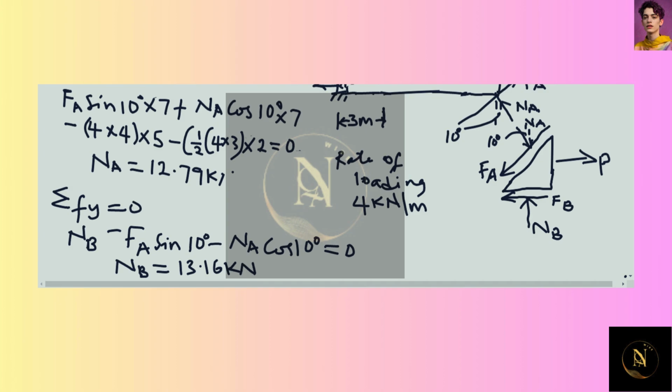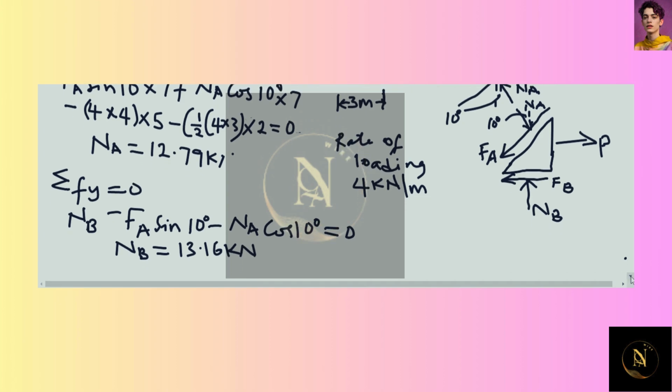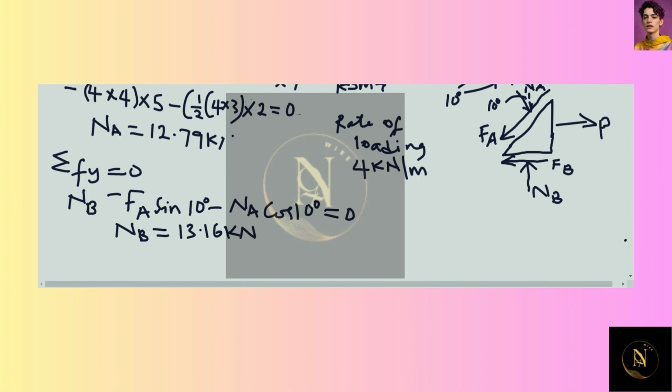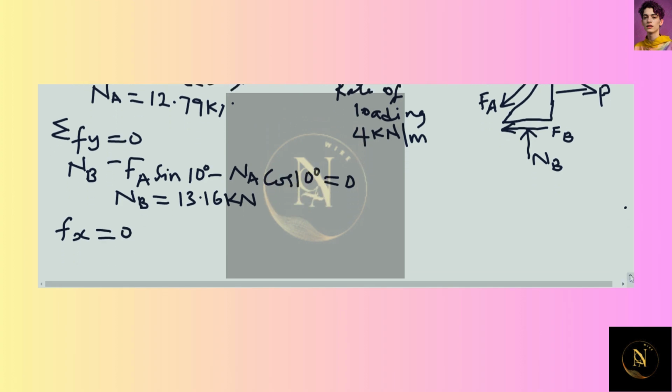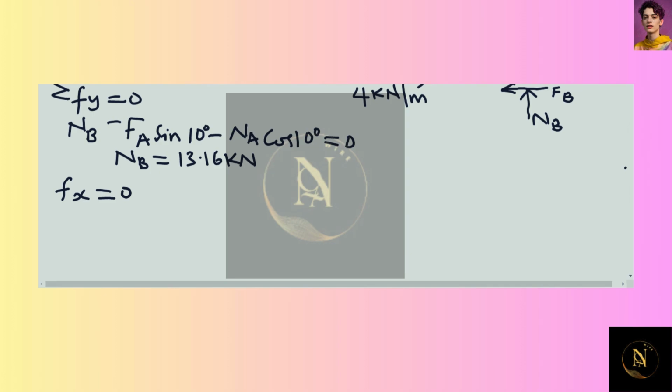And of course, you can consider equilibrium along the x-axis, so that you have the summation equal to 0. When you do that, you are going to have minus Fb; just pick them from the diagram there.